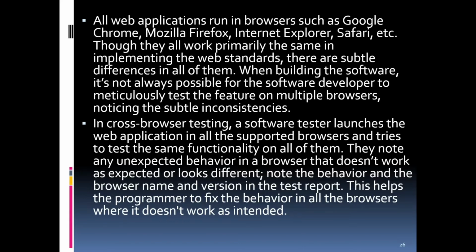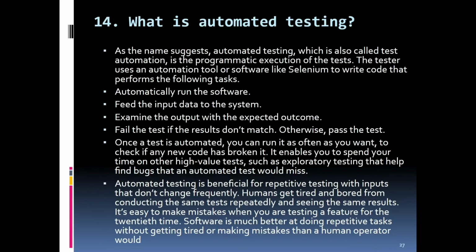For example, if you're testing in Chrome and you check the same feature in Safari or Internet Explorer, you may come to know that an image is broken, or that the size of the pop-up is different and it's not looking good, and some of the elements are distorted. So those are some things you can come to know if you do cross-browser testing. That's why cross-browser testing is also important.